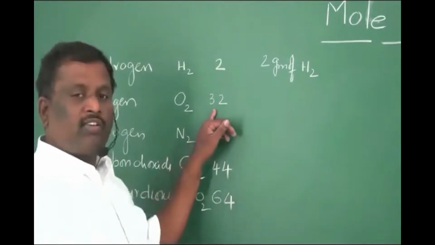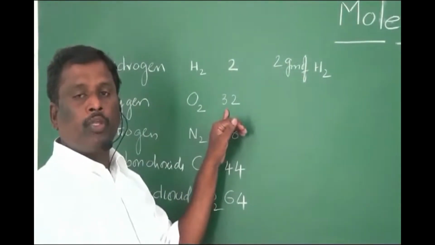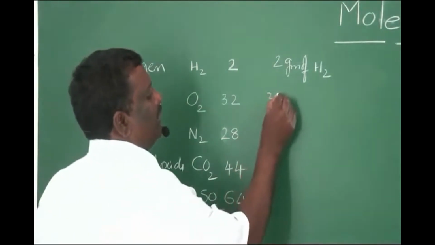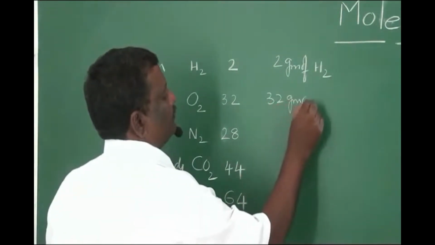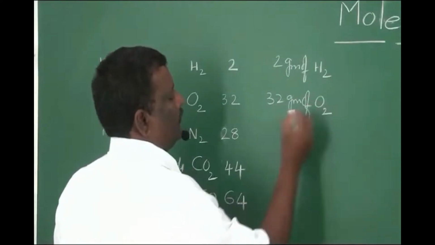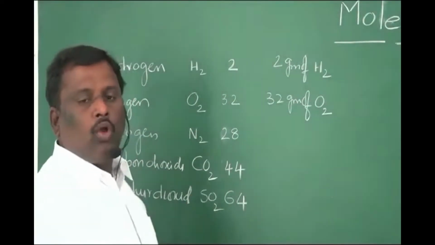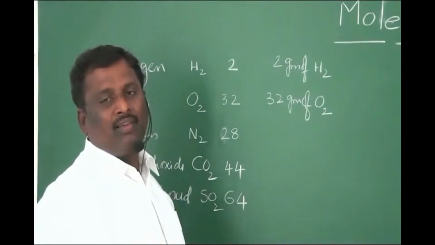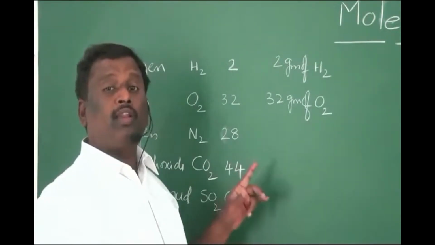So the molecular weight of oxygen is 32. If you take 32 grams of oxygen, this is said to be 1 gram molecular weight of oxygen, because 32 is the molecular weight of oxygen.